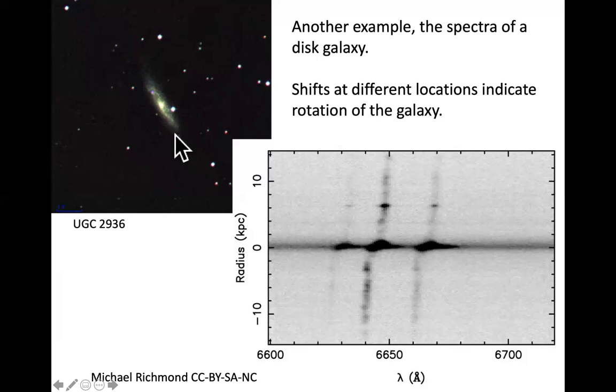This is because the galaxy is rotating. Half of it's moving away from us, half of it's moving towards us. And with this sort of information, you can map out those motions, which is useful for understanding the dynamics of the galaxy and also for understanding the masses involved that are keeping those motions going.